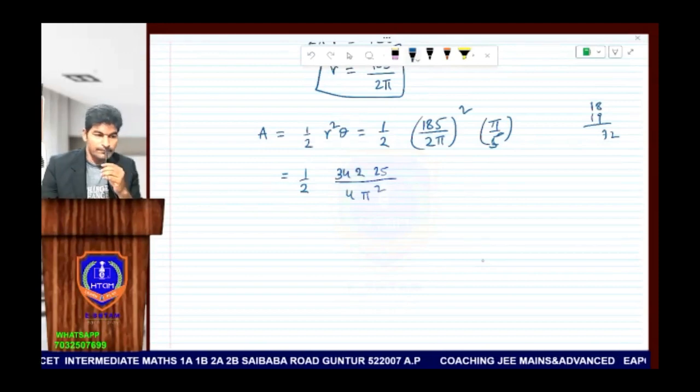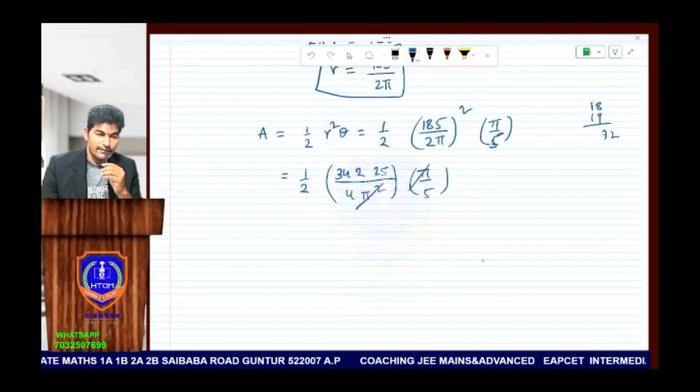This is 185 square, and 2 square is 4, pi square is pi square, and again pi by 5. So 1 pi got cancelled, 1 pi left. 5 can cancel this value.